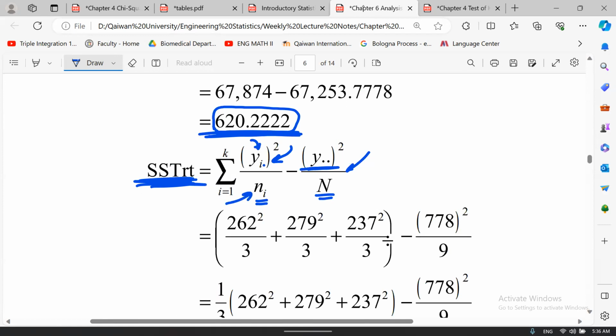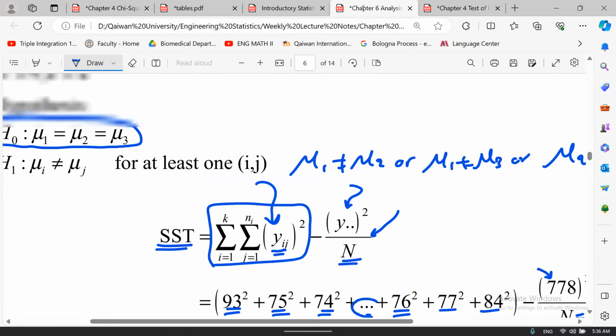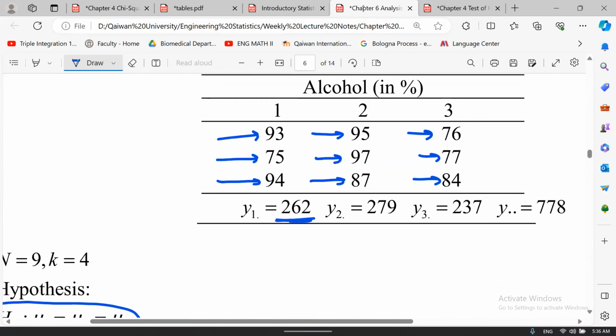It's y1 dot squared over n1 plus y2 dot squared over n2 plus y3 dot squared over n3. We already found these. These are y1 dot, y2 dot, y3 dot.